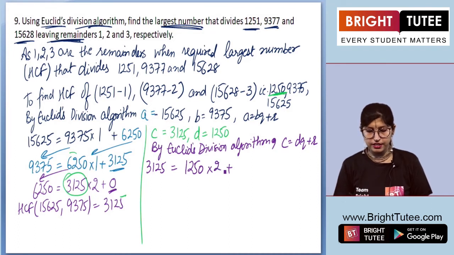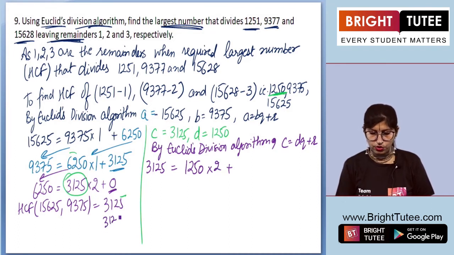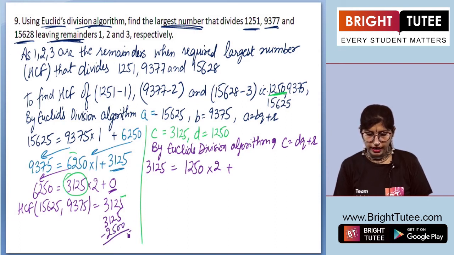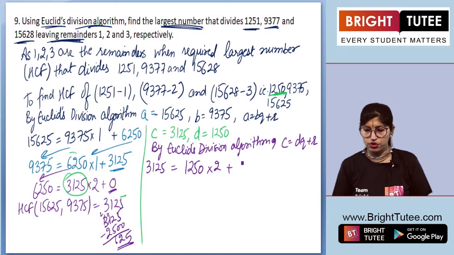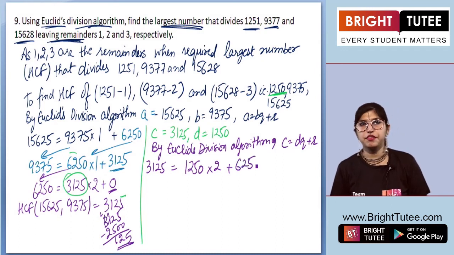Let's subtract 2500 from 3125. We are left with 625.